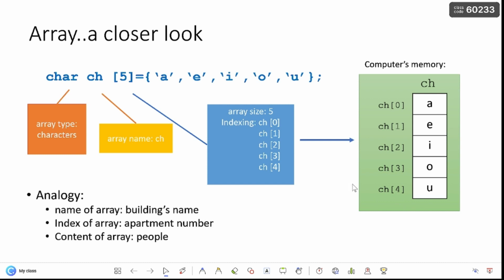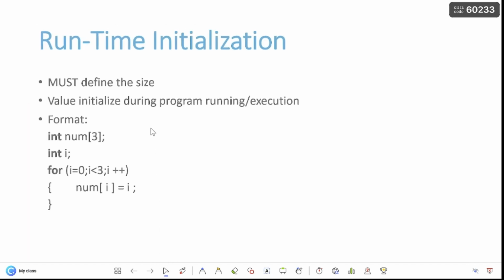If you want to imagine it, we can imagine the name of the array, in this case ch, as a building's name, the index of the array as an apartment number, and the content of the array as the people living in the apartment. So we can imagine an array as an apartment building.